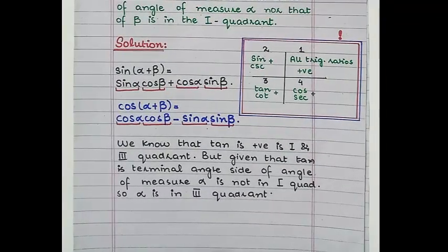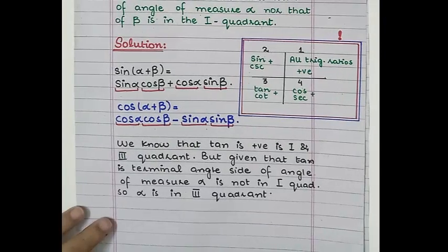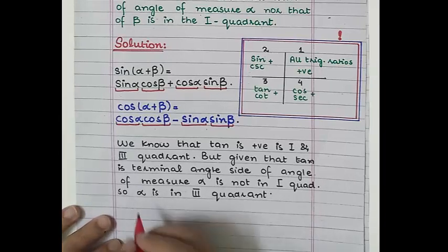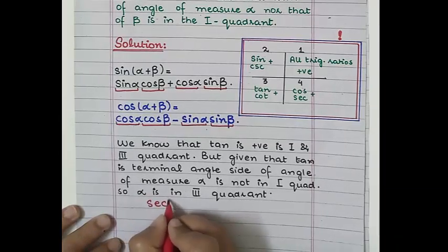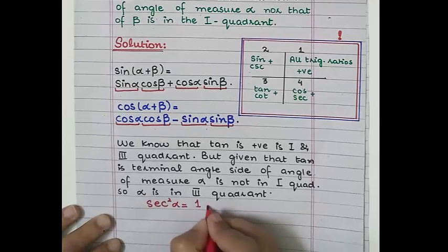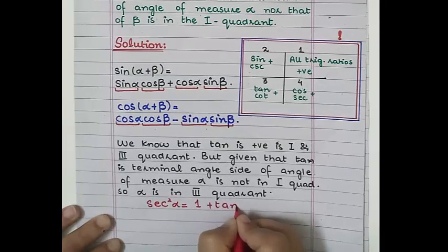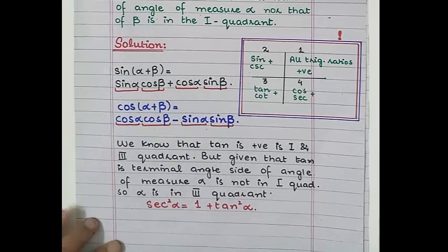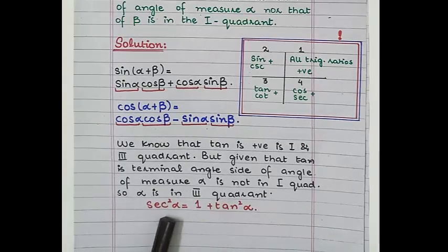Using the fundamental identity of trigonometry, for the value of tan we can use sec square alpha is equal to 1 plus tan square alpha. We use this identity because later on we will find the value of cos.